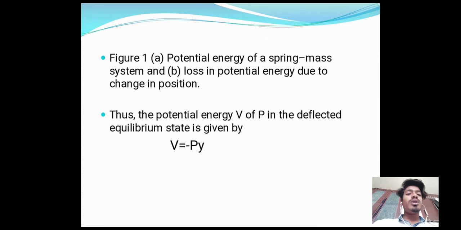Figure 1: potential energy of a spring-mass system, and figure b: loss in potential energy due to change in position. Thus the potential energy V of P in the deflected equilibrium state is given by V equals minus Py. The minus sign is used because of deflection.